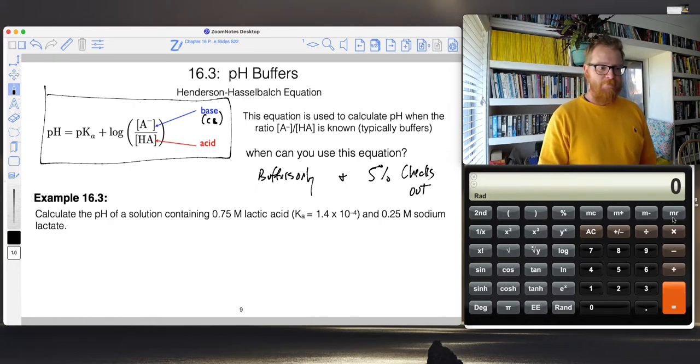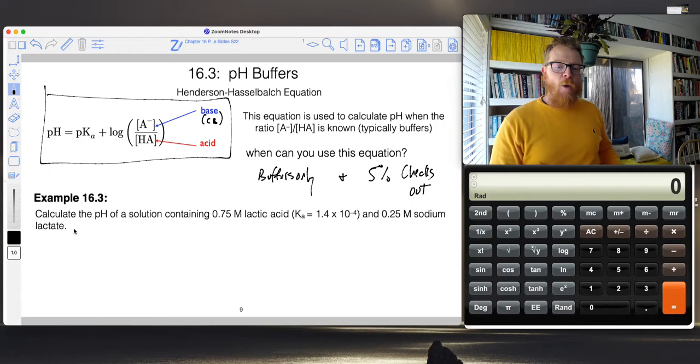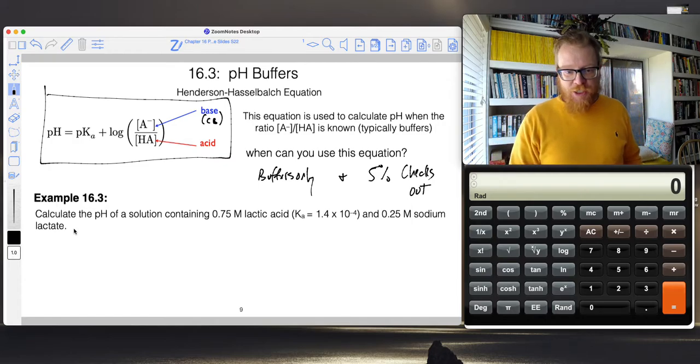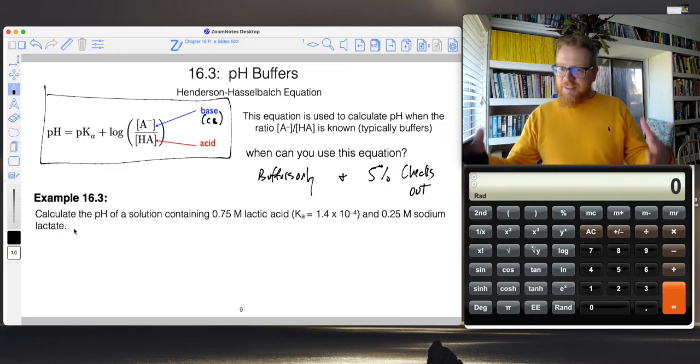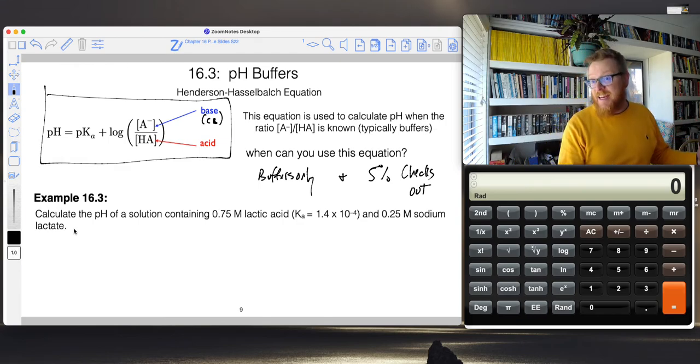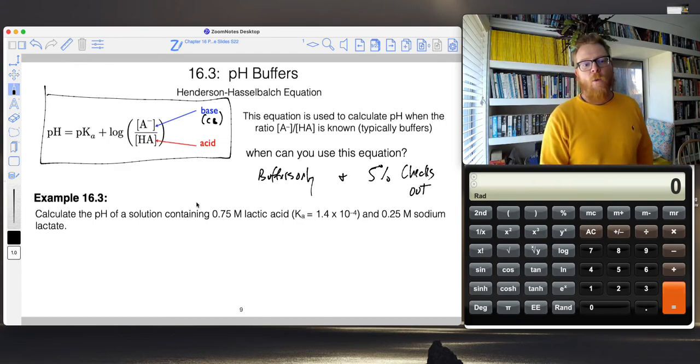Okay, so we want to calculate the pH of a solution that contains 0.75 molar lactic acid, and there we can see the Ka, and 0.25 molar sodium lactate. Maybe we aren't familiar with that nomenclature, but remember, acetic acid is the acid, and acetate is its conjugate base. If lactic acid is our acid in question, then its conjugate base is lactate.